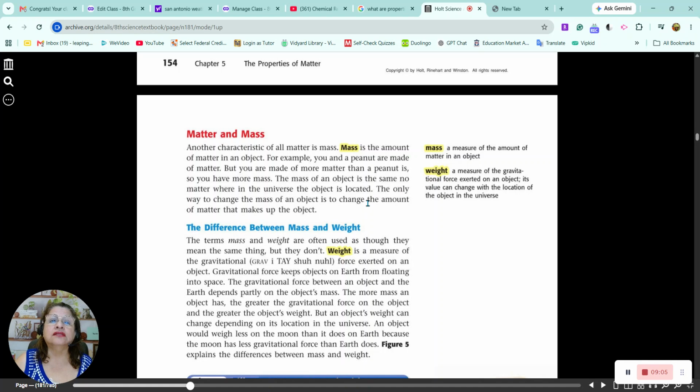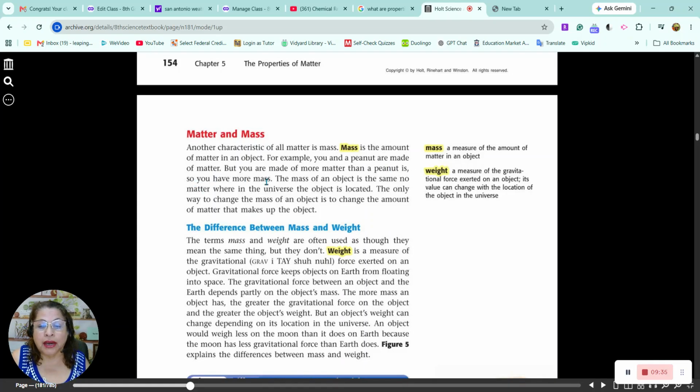Weight is a force that keeps the object on the earth from floating into space. But mass, they give you an example: you and a peanut are made of matter, but you are made of more matter than a peanut is. So you have more mass.